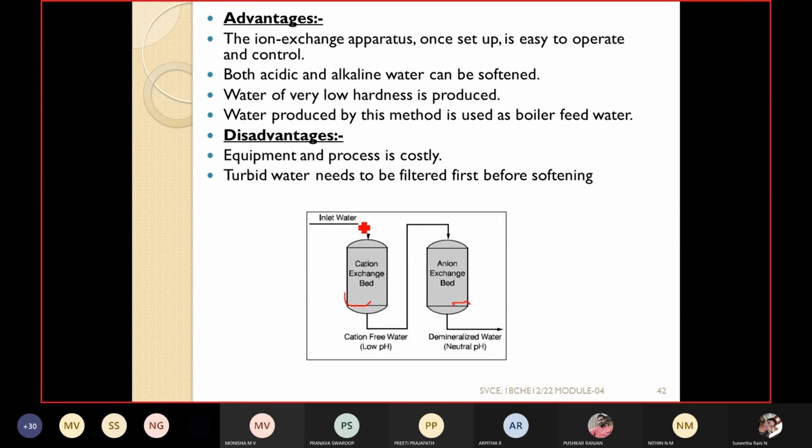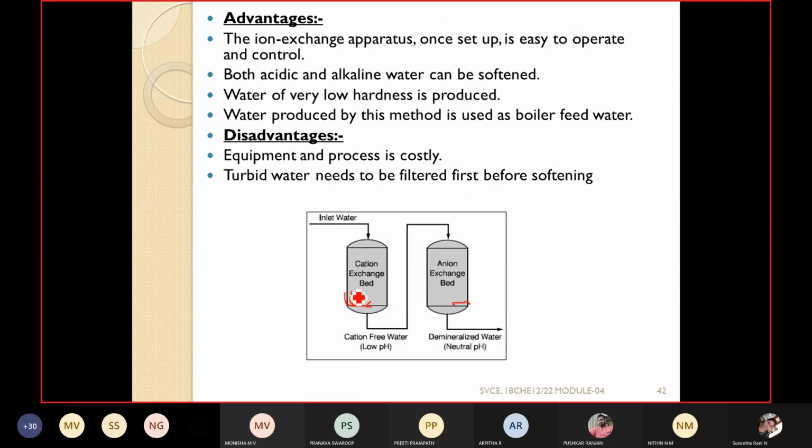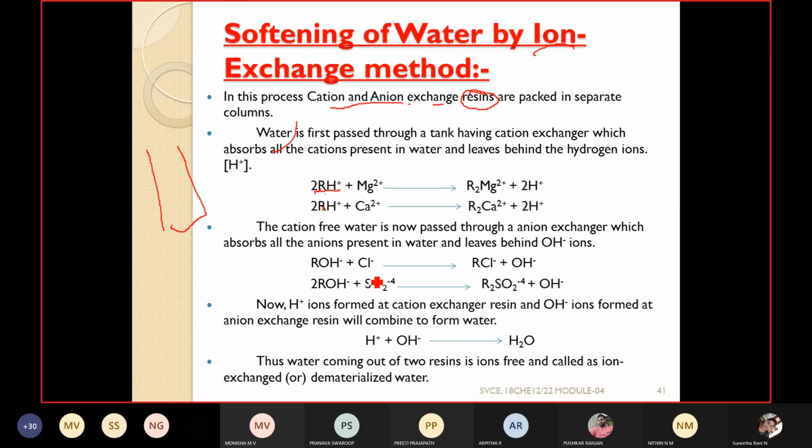Correct? From the inlet, the hard water will pass. Here in this chamber, it contains resins which are called RH. These are the cation resins, so the cation resins are present in this chamber, in the form of a cation exchange bed. Once the water reaches this cation exchange bed containing the cation resins, what happens?